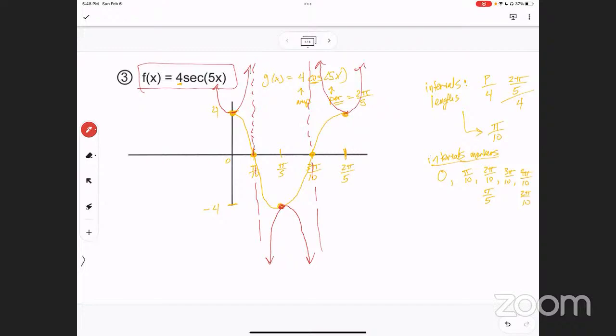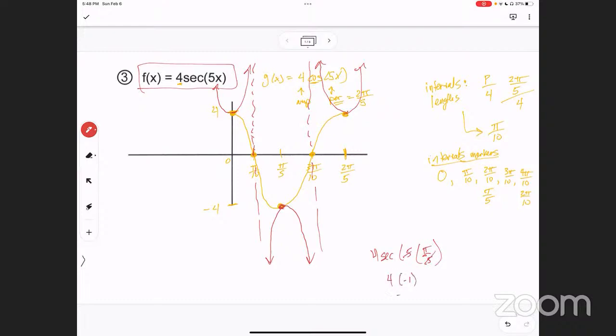So to check it, plug in pi over 5. Just to check these points, let's plug in pi over 5 into that. What's 4 secant of 5 times pi over 5? The 5's cancel, you get secant of pi, which is -1.